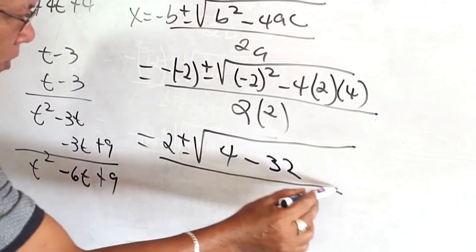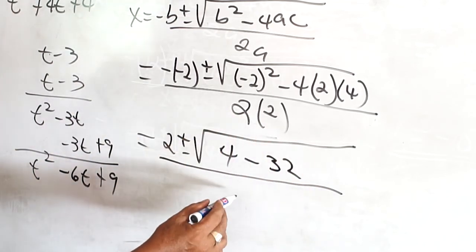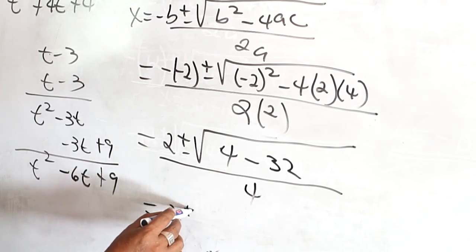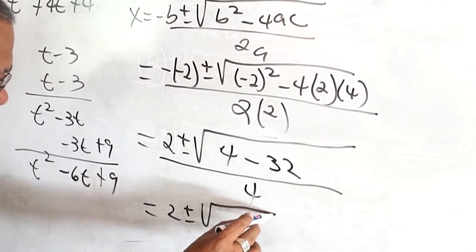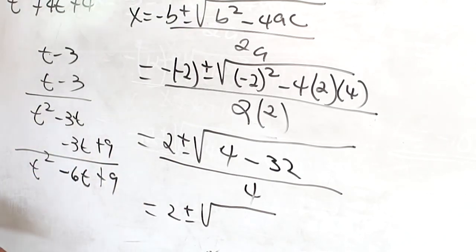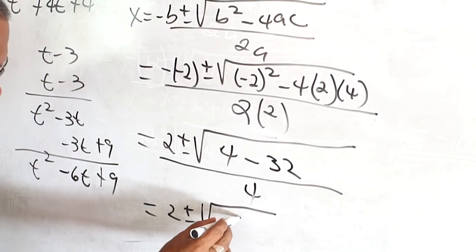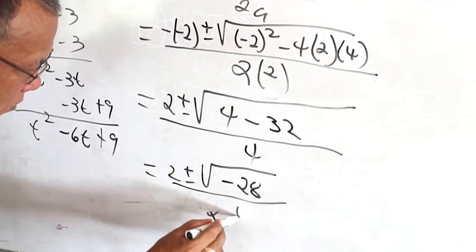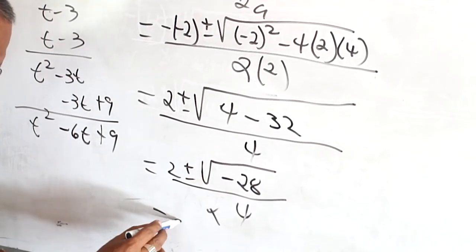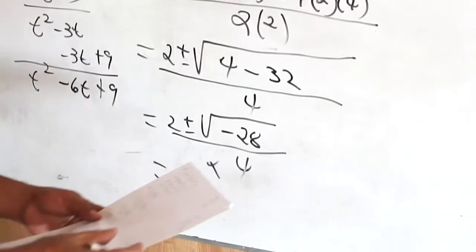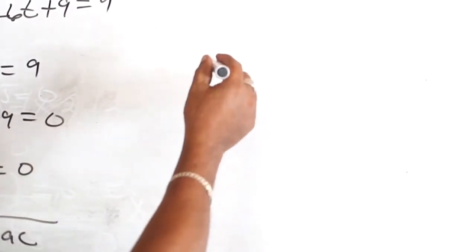Then over, 2 times 2, that is 4. Then we have here 2, positive and negative, the square root of positive 4 and negative 32, the result is negative 28. Then over 4. Then we have 2, positive and negative, the square root of negative 28 is equal to 5.